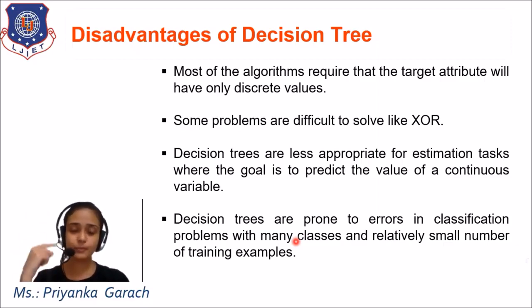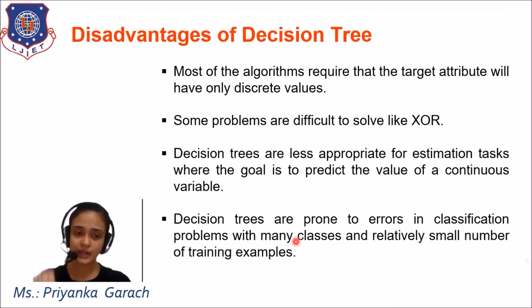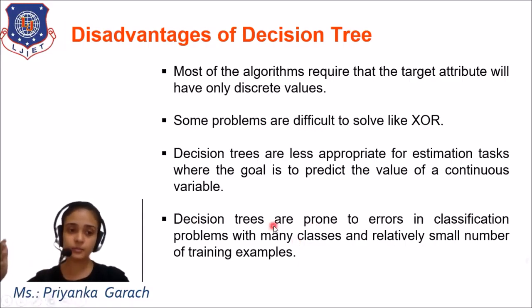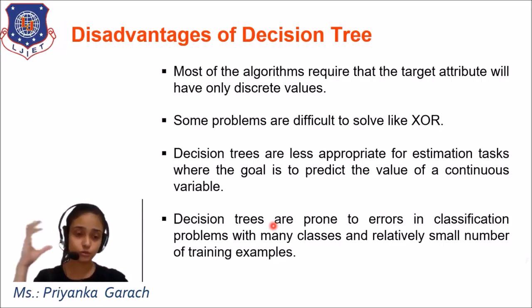Whether a person can play outside badminton or not has only two values, yes and no. But suppose in my class label I have 50 different values. Then for such a data set, the decision tree may generate some errors. So it is not very accurate in such examples where the training examples are few and the target variable contains too many classes.